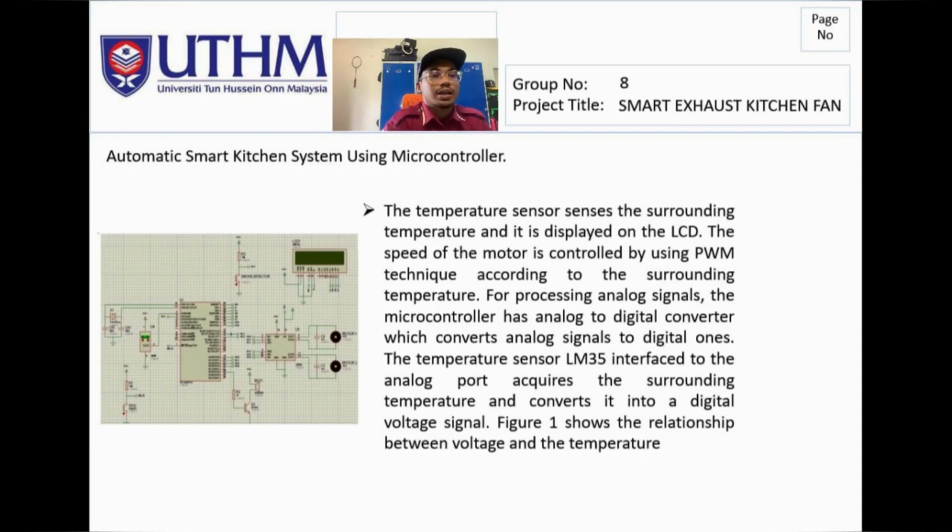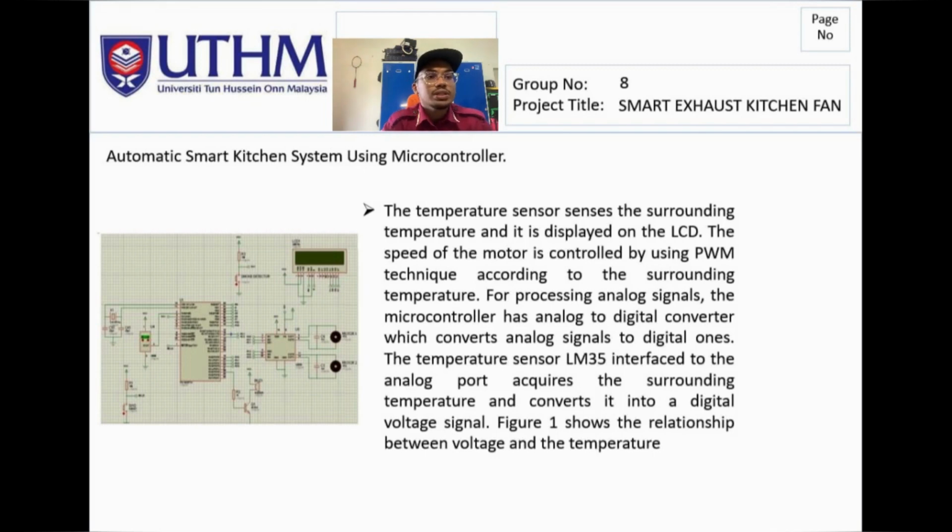This project uses a temperature sensor to sense the surrounding temperature, and it is displayed on the LCD. The speed of the motor is controlled using the PWM technique according to the surrounding temperature. For processing analog signals, the microcontroller has an analog-to-digital converter, which converts analog signals to digital ones.